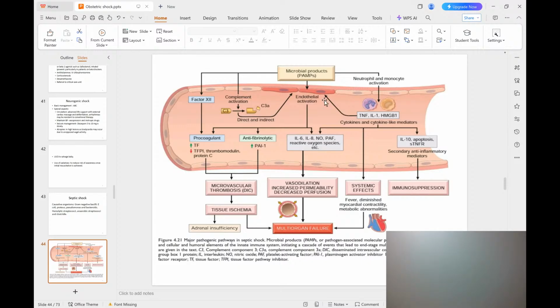When there is neutrophil or monocyte activation, they will release tumor necrosis factor, interleukin 1, and then cytokines or cytokine-like mediators with pro or anti-inflammatory effects, interleukin 6, interleukin 8, nitric oxide, platelet aggregation factor, reactive oxygen species. Also, with complement activation, there will be direct or indirect endothelial activation.